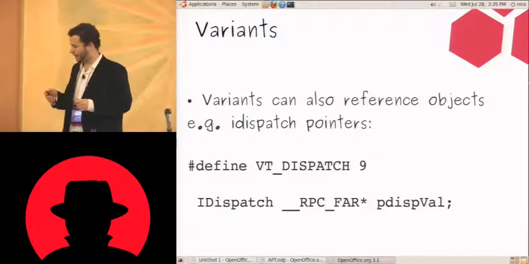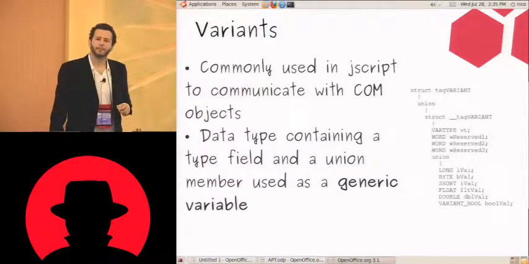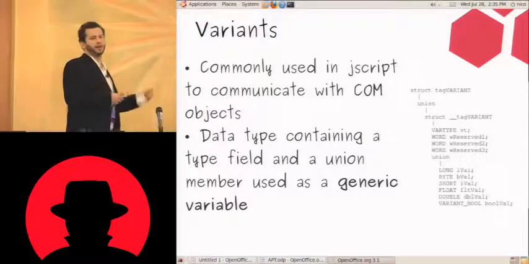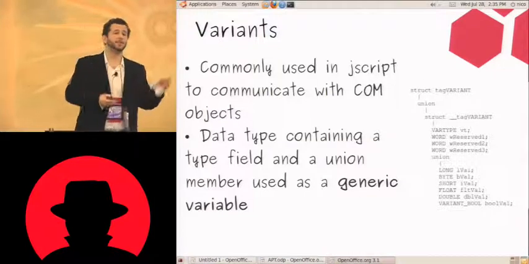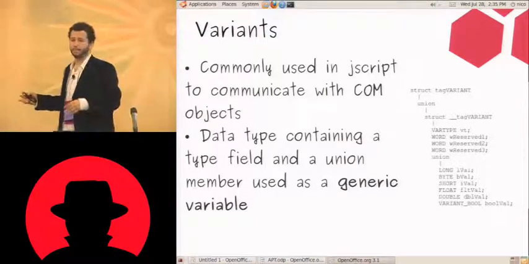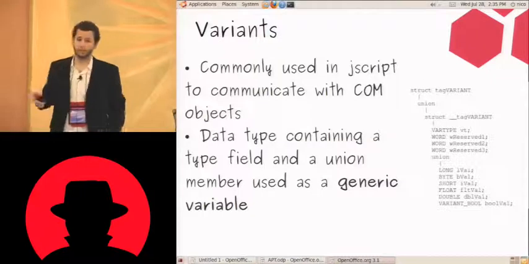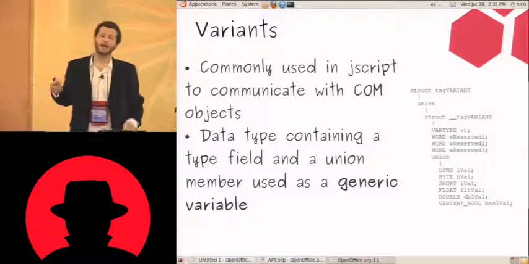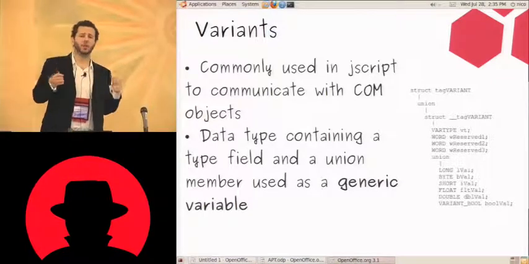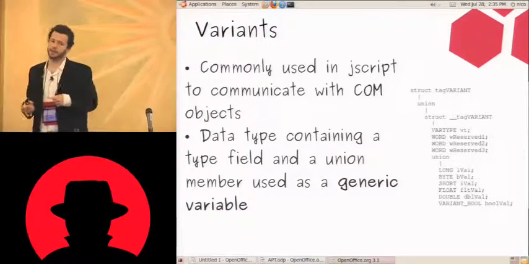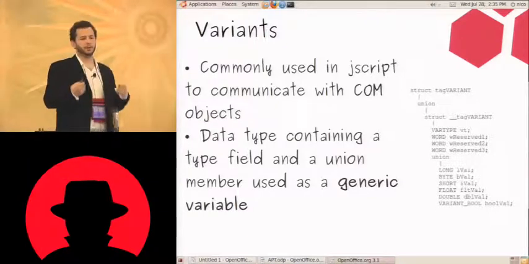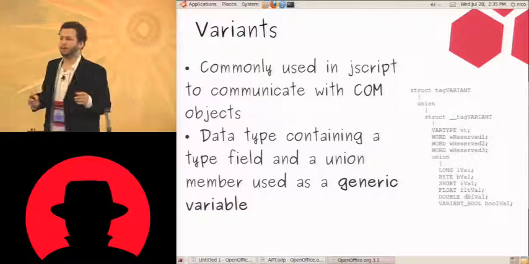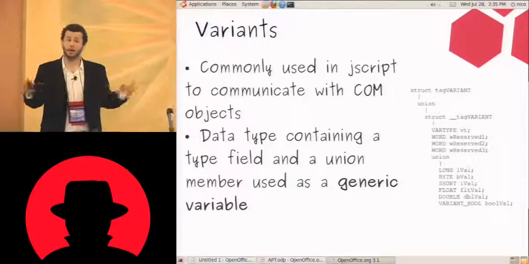The interesting part about variants is that each function that receives a variant, which usually are properties and methods inside all the objects, has to be in charge of parsing its own variants in order to check out the content. So for example, they receive a variant, which is a generic variable.